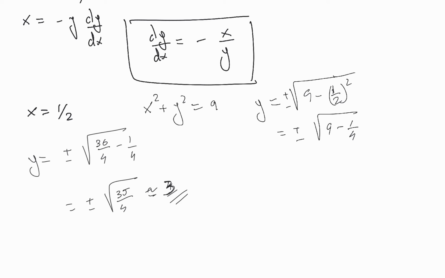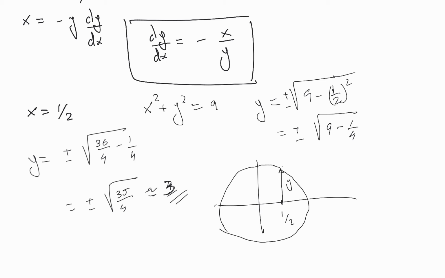The slope at the point x equals 1/2, y almost 3, is a point on the circle of radius 3. So the y is the square root of 35 divided by 2, or minus the square root of 35 divided by 2, whatever you want to plug in.